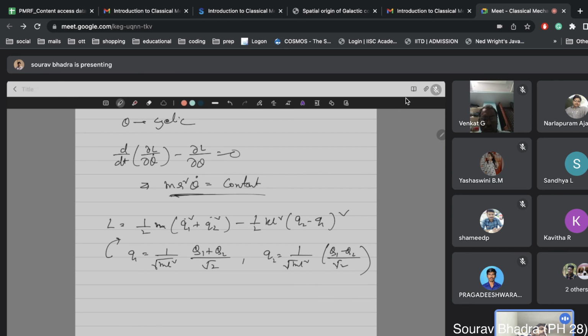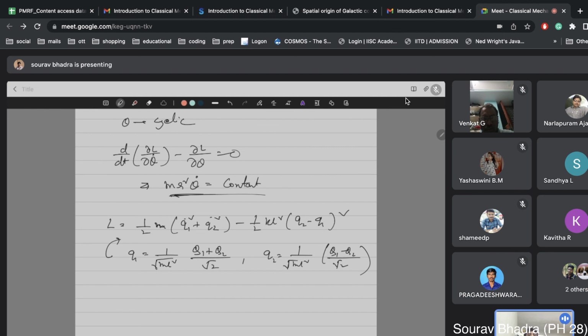The Lagrangian method you can use for every problem. I don't know if there is any particular limitation or not, but you have to be careful about what type of forces are associated with that particular problem.